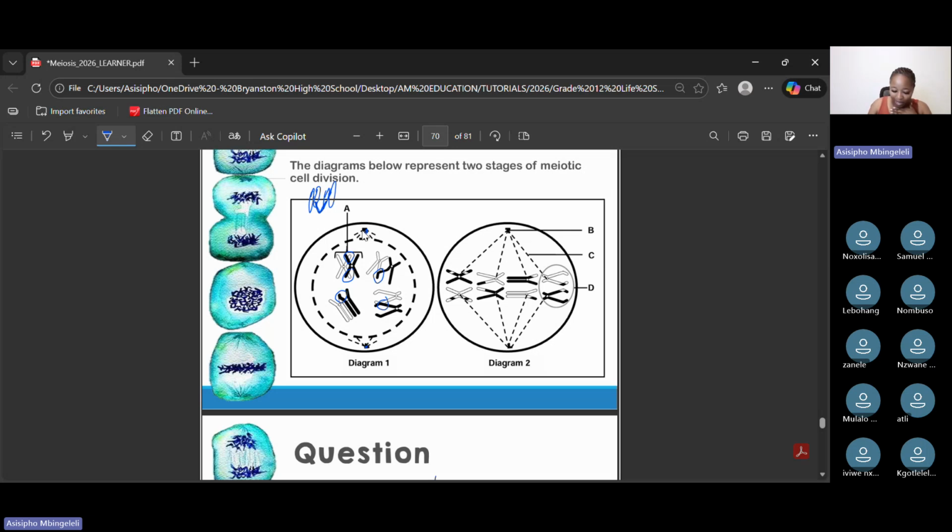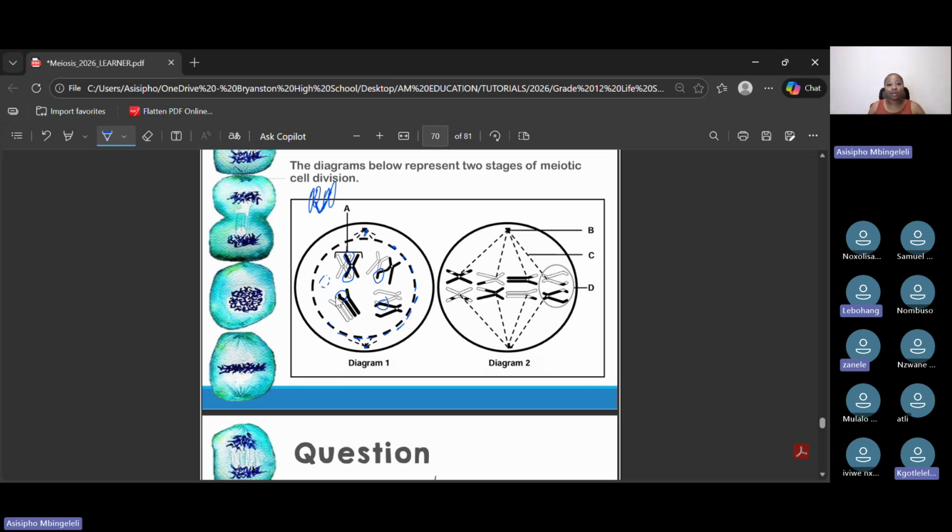Then another thing we can speak about, what do we call this, guys? This part over here, these dots. What do we refer to these dots as? Nucleolus? Isn't it our nucleolus, ma'am? No, the nucleolus would be inside here. It is the nuclear membrane. What is happening to the nuclear membrane? It's disappearing, ma'am.